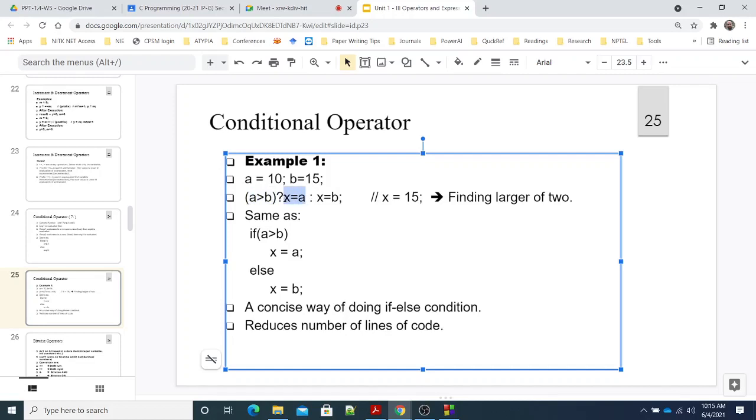Expression 2 is x is equal to a. Expression 3 is x is equal to b. So if this is true, this will be executed. If this is false, this will be executed. In this case, you tell me what will be executed, based on the values of a and b, whether this will be executed or this will be executed.